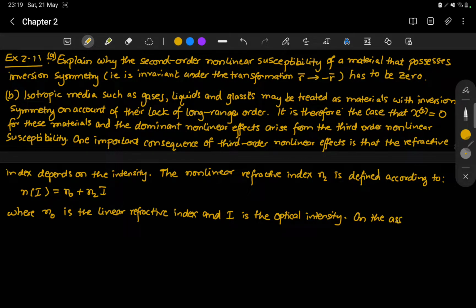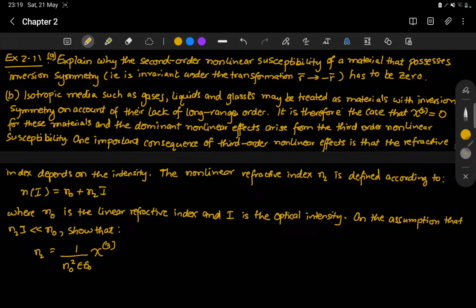On the assumption that N2I is much less than N0, show that the following is true, that N2 is given by the following expression. So let us just read this question once again.